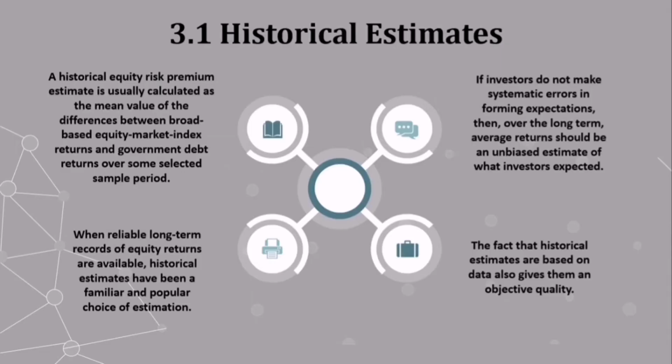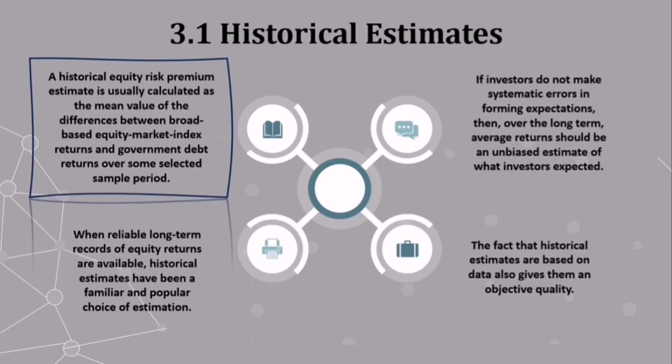3.1 Historical estimates. A historical equity risk premium estimate is usually calculated as the mean value of the differences between broad-based equity market index returns and government debt returns over some selected sample period. When reliable long-term records of equity returns are available, historical estimates have been a familiar and popular choice of estimation.